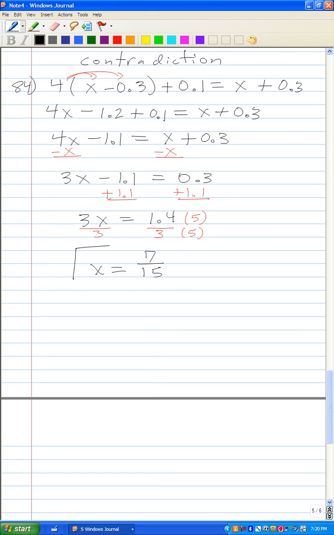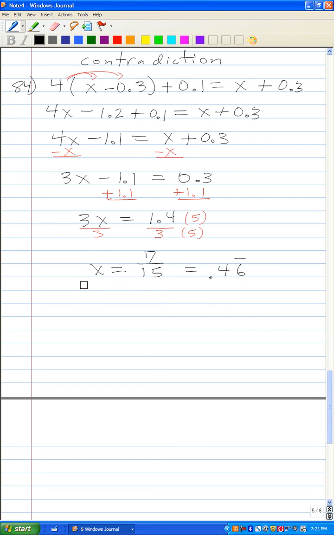or if you, I guess, divided it out on your calculator, you would get 0.46666 forever. So 0.46 where the 6's repeat. So in this case, I don't care about the solution.